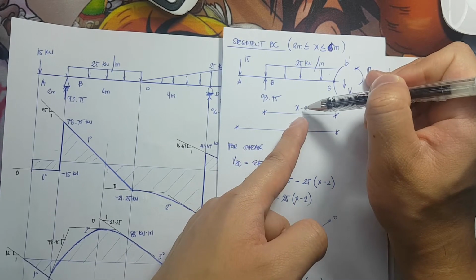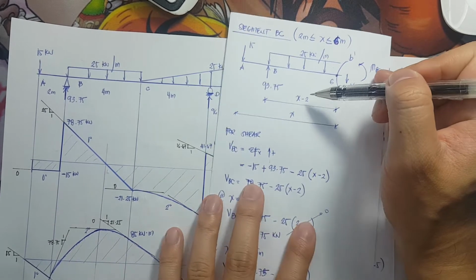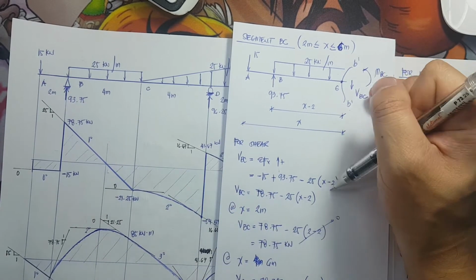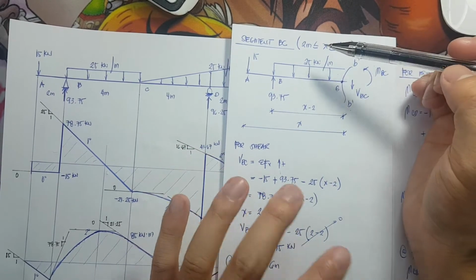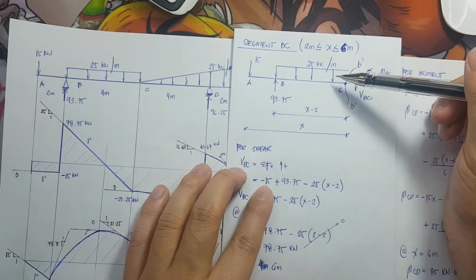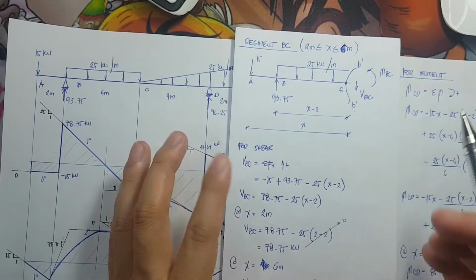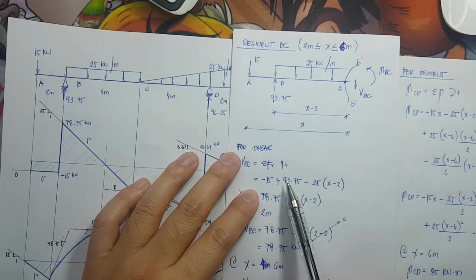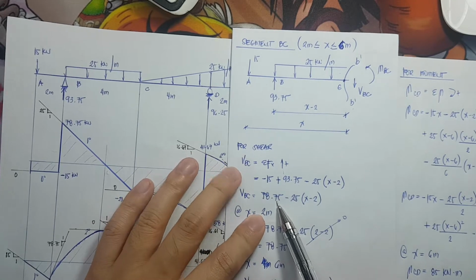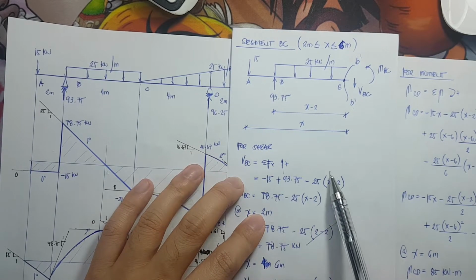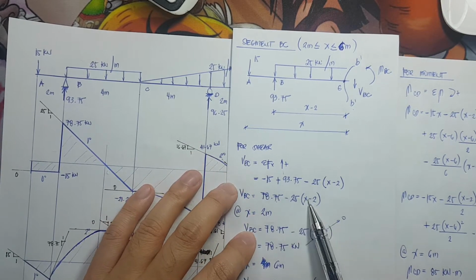Therefore, that is x minus 2 over 2. No, we will use that later in moment rather. Okay? We are still on shear. So, this is my shear. Simplifying, negative 15 plus 93.75 is equivalent to 78.75 minus this, 25(x minus 2).